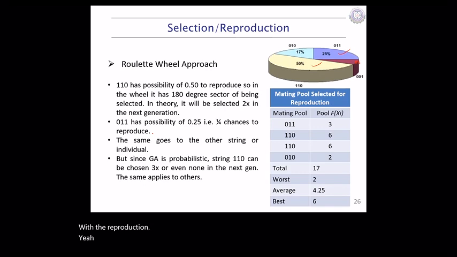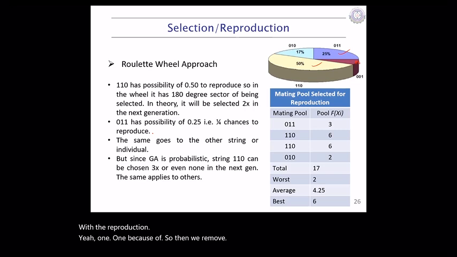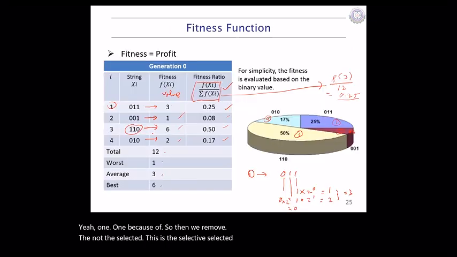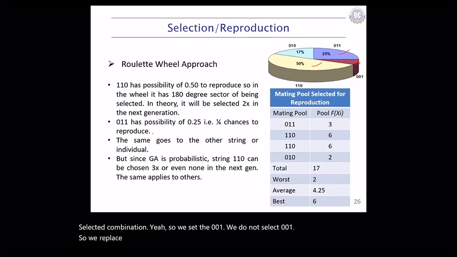Then we remove the not selected. This is the selected combination. So we do not select 001. We replace it with 110, which has the highest possibility.